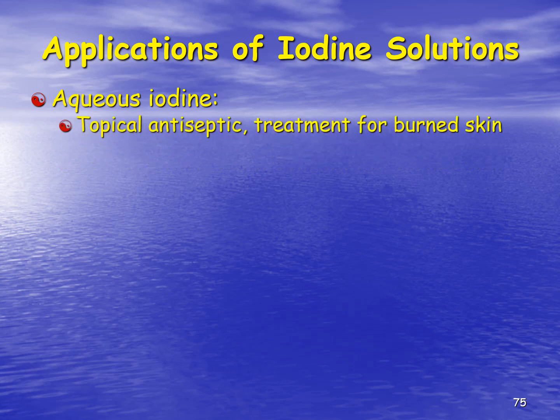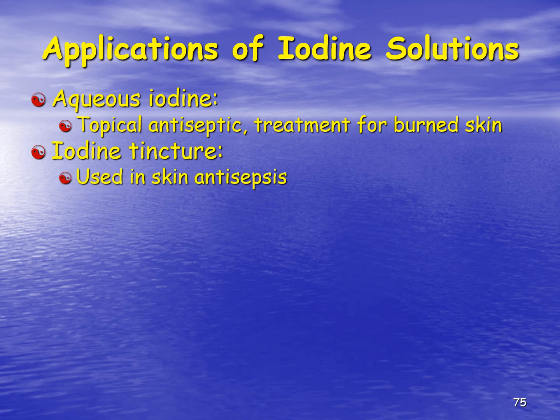Aqueous iodine is used as a topical antiseptic and usually treatment for burned skin. Iodine tincture in the alcohol or alcohol water usually is used in skin antisepsis. And so this is actually what Betadine is, a tincture of iodine.